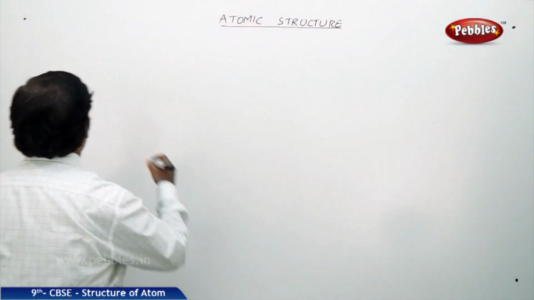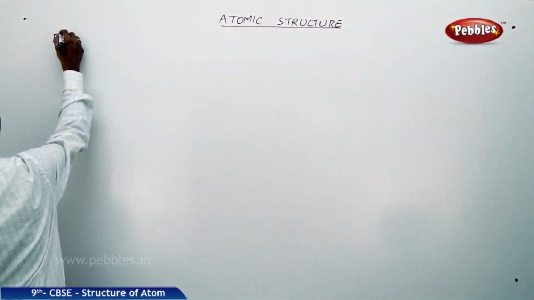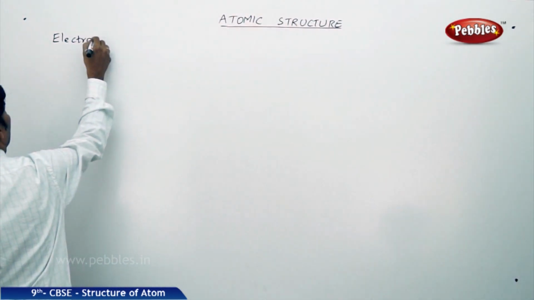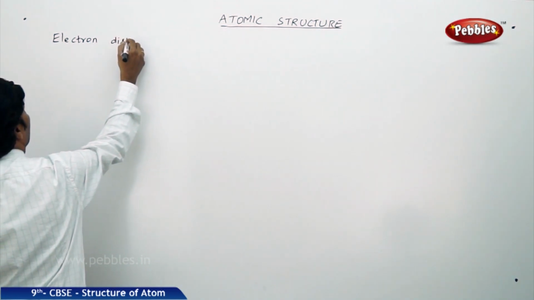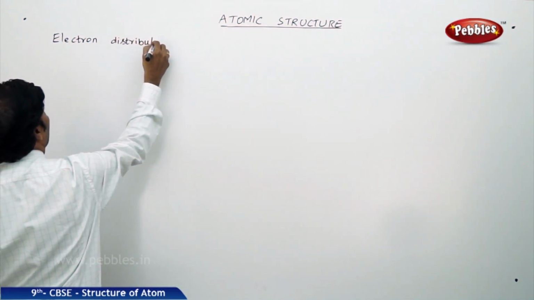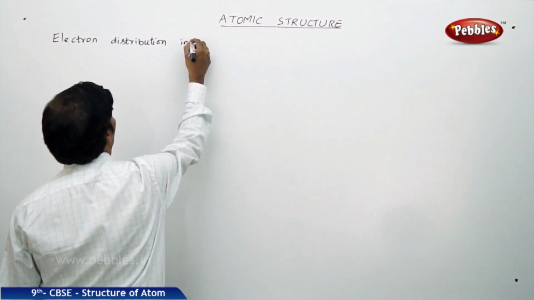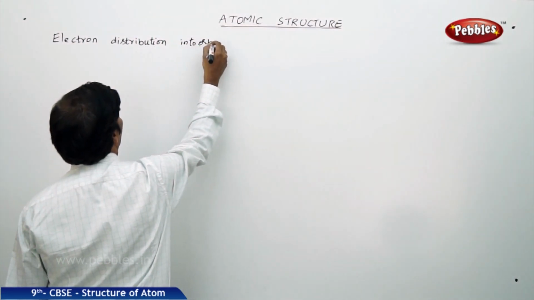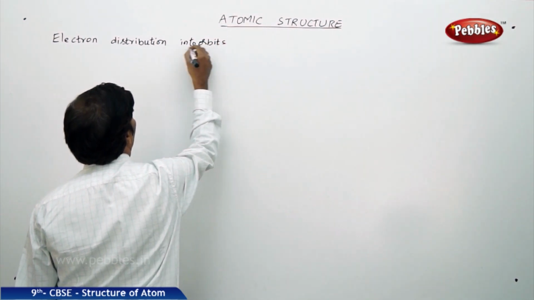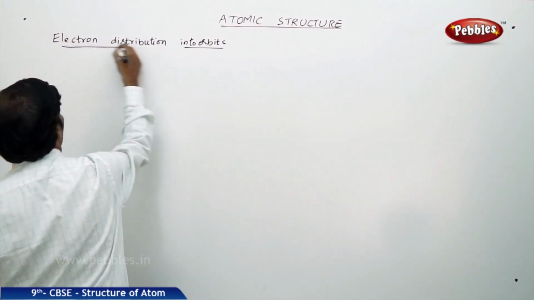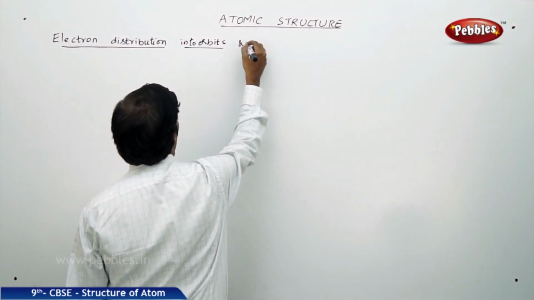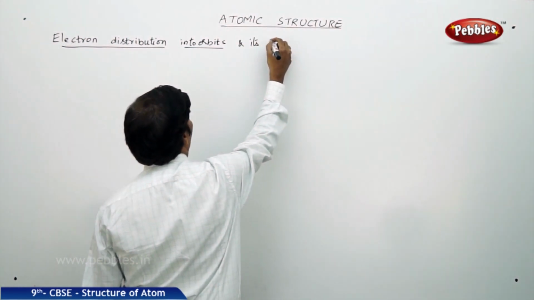So here, concisely, let me put it in this way: electron distribution into orbits and its electronic configuration.